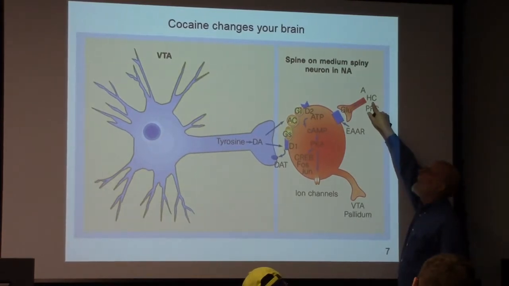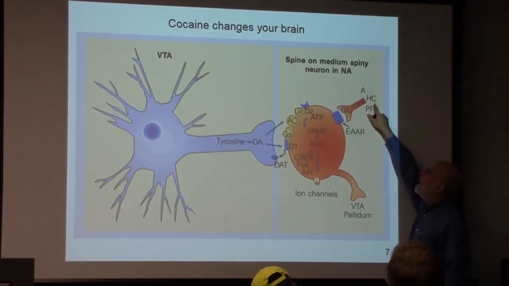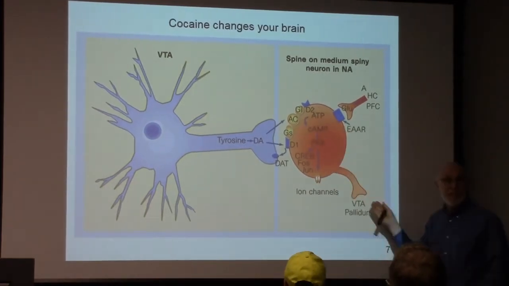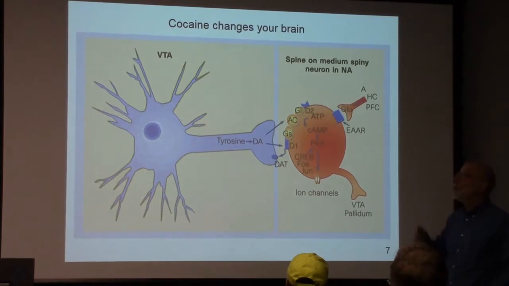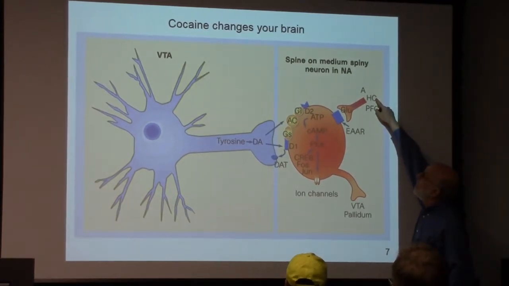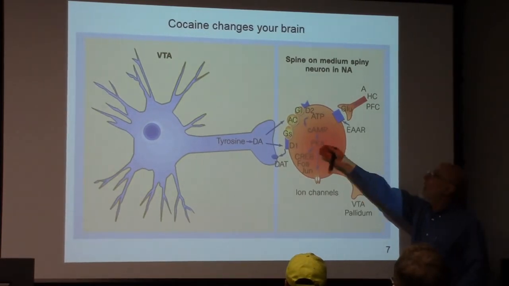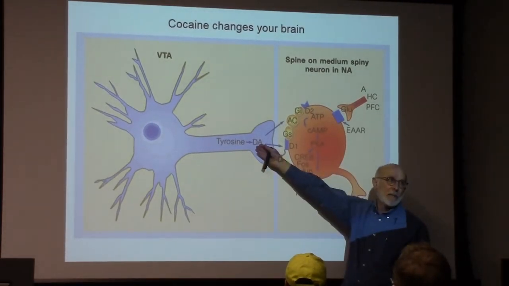And so we can have inputs from the prefrontal cortex, from the amygdala, and from the hippocampus that can cause potentiation of this neuron. So you can learn to be rewarded by an event.